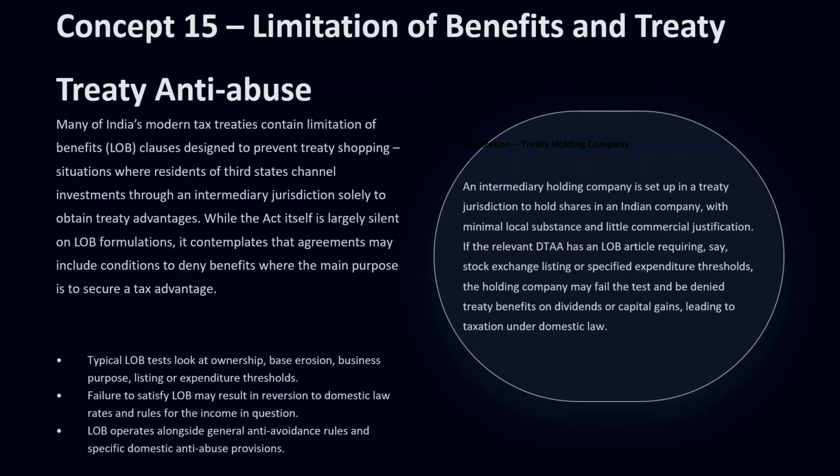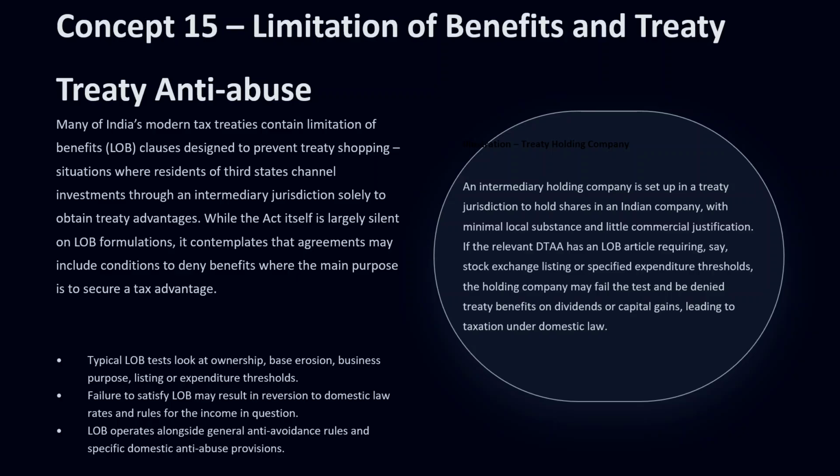If we see the example here, an intermediary holding company is set up in a treaty jurisdiction solely to hold shares of an Indian company, with almost no local employees, no office, no operations there.